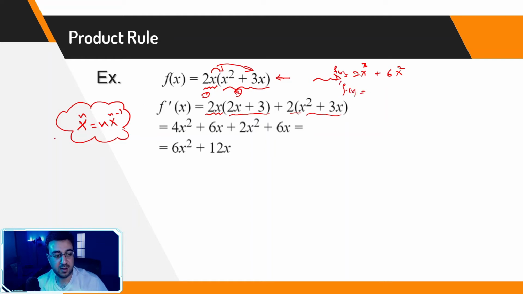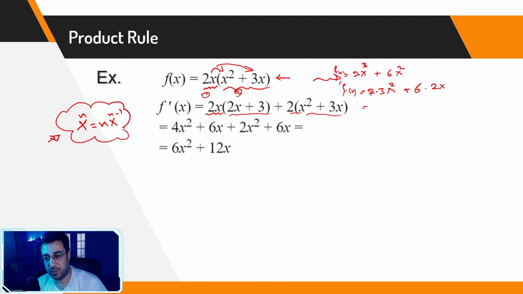That can be done using this derivative equation. So you have x to the power of n, so you have 2 as a constant, keep it as it is, multiplied by x to the power of 3, that's 3x to the power of 3 minus 1, which is x to the power 2, plus, second one, same thing, you have a constant, keep it as it is, multiplied by x squared, that's 2x to the power of 1.